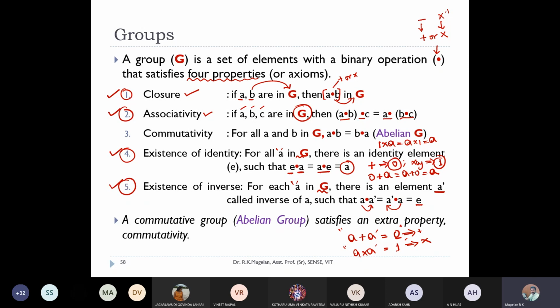Along with these four properties, if it satisfies a fifth property called commutativity, meaning if you have elements A and B, then A dot B will be equal to B dot A, then I will call this group an abelian group, or a commutative group. That is, if it satisfies the extra property of commutativity, then I can call the group a commutative group or abelian group.